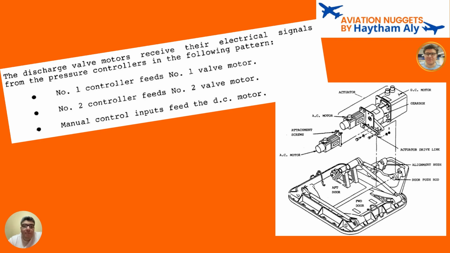So again, the discharge valve motors receive their electrical signal from the pressure controllers. This is for automatic control in the following pattern.